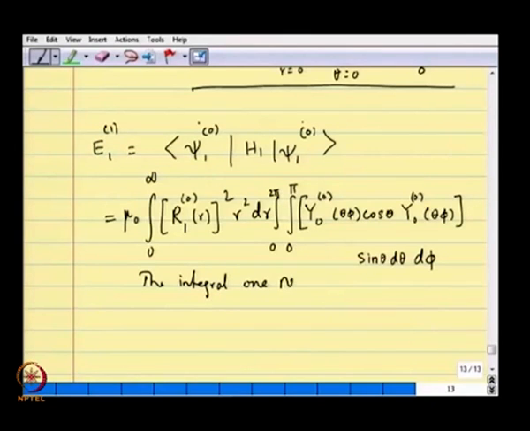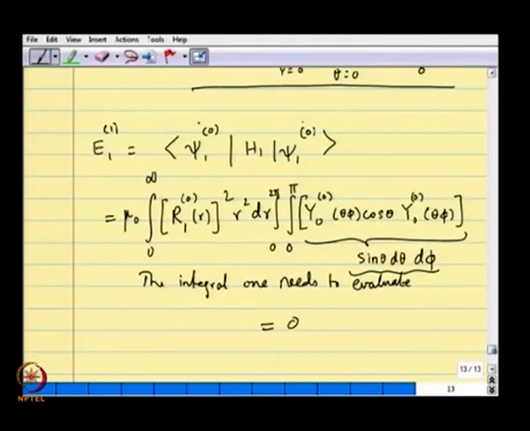With all these elaborations, you will be very disappointed to know that this integral is actually 0, because of the properties associated with cos theta, sin theta d theta d phi. Y00 is a constant, it is 1 by root 4 pi.